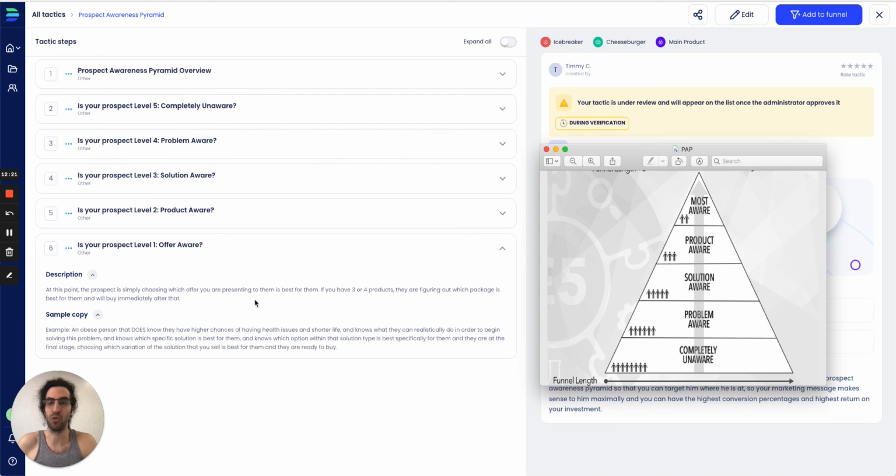And basically, if you do a bunch of content in the problem aware arena and people are watching the whole thing, and then after they watch a certain number of ads, or if they are signaling their intention to learn more about the solution, and that can be as simple as, let's say you make a 1-minute problem aware video, and they watch the whole thing and then click learn how, because you end the video with a call to action saying, would you like to learn more about what solutions are available to you?